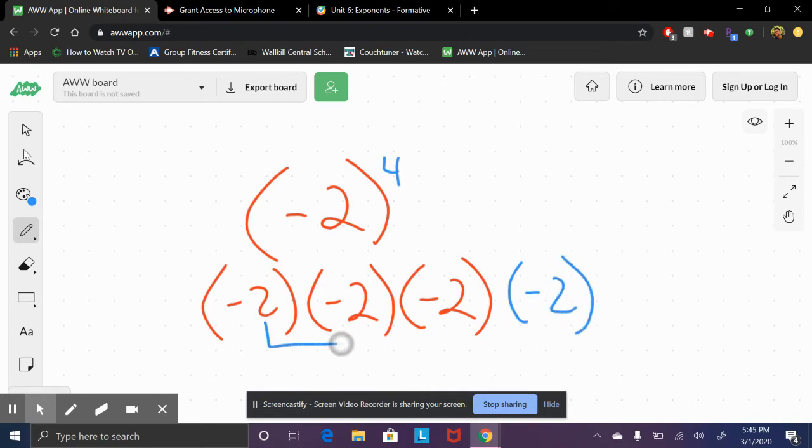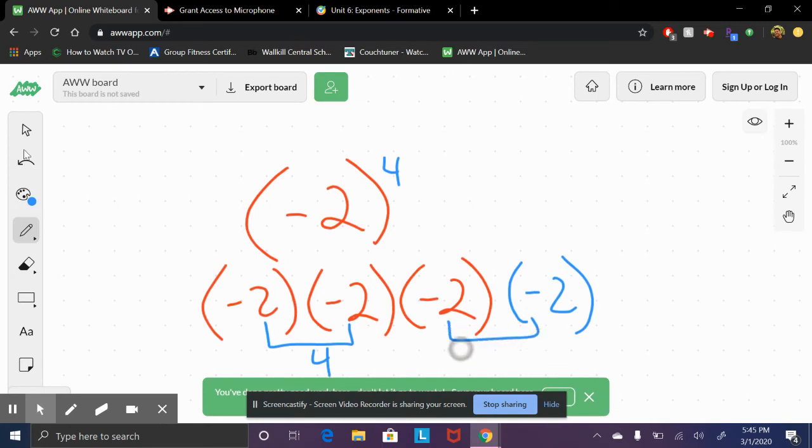Then you have negative times -2, which is a +4. -2 and -2 is a +4. +4 times +4 is +16. So not always are you going to get a negative result if you have a negative base, especially inside the parentheses.